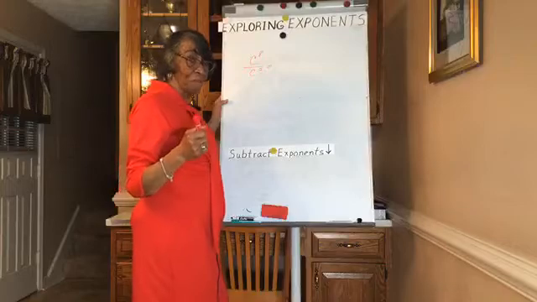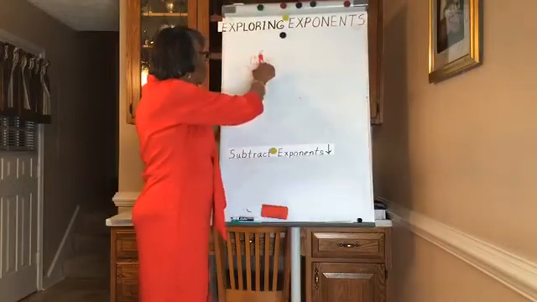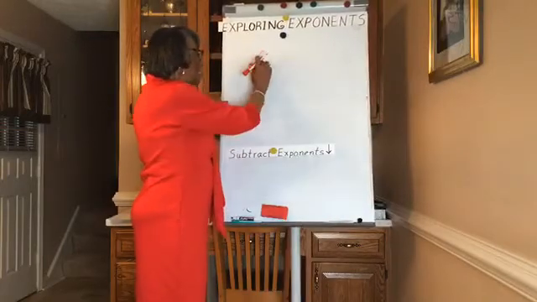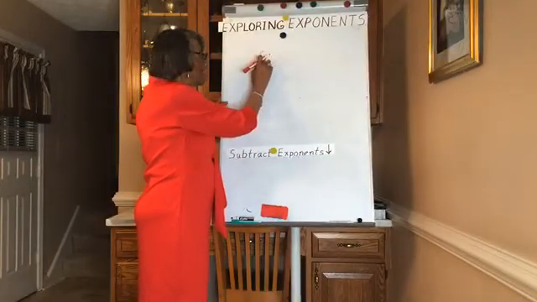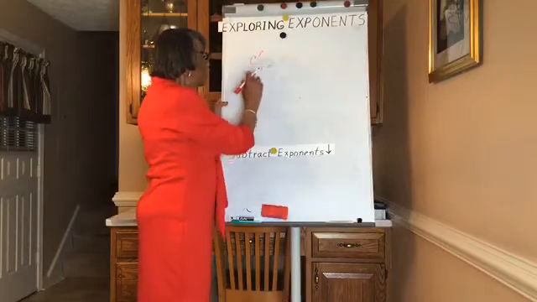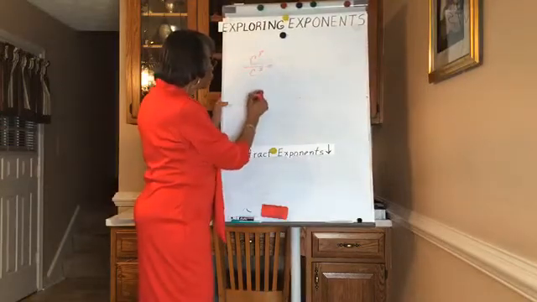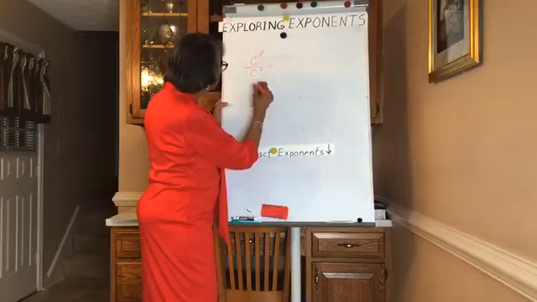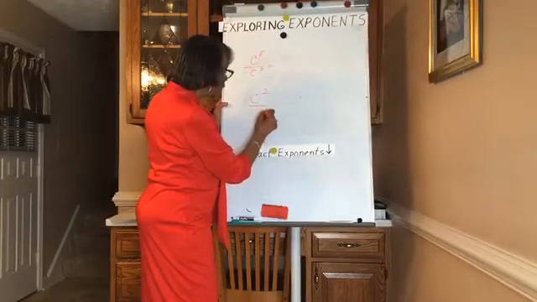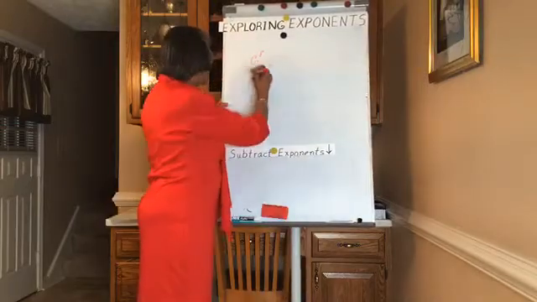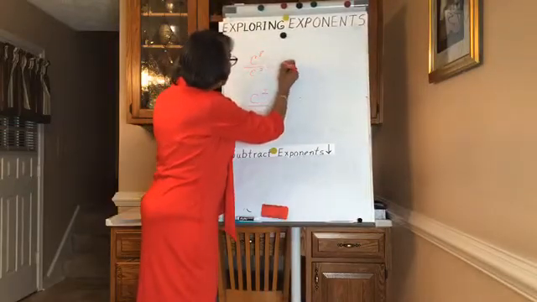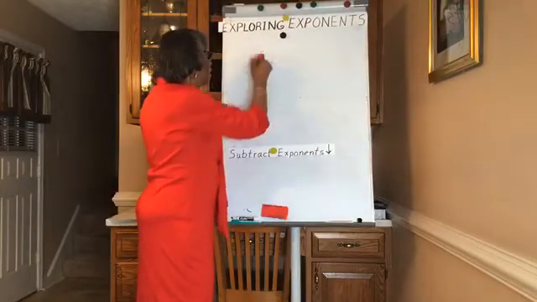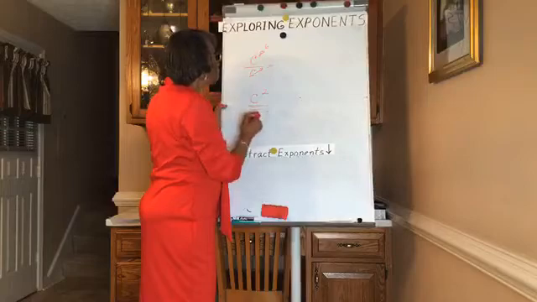And of course, remember, when the larger number is in the numerator, then the extra C's or extra bases are going to be up there. When the larger number is in the denominator, I'm going to do this just the opposite to show you. Okay, so let's clarify this. C to the 8th over C to the 2nd means these 2 cancel out and these 6 are left up here.